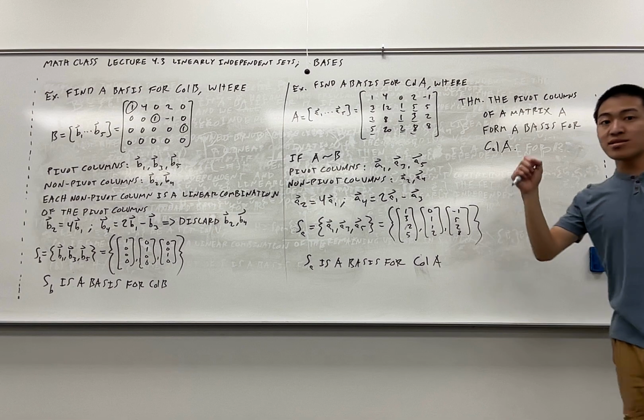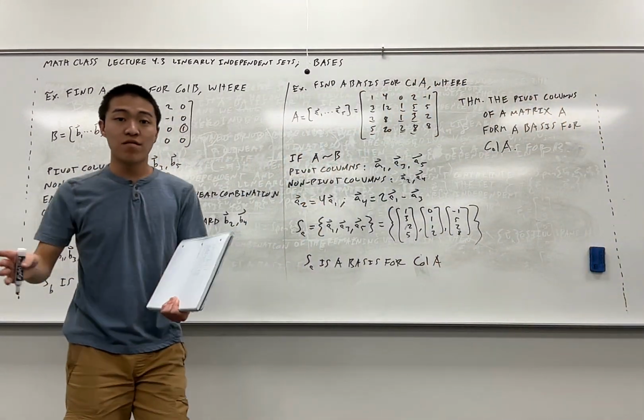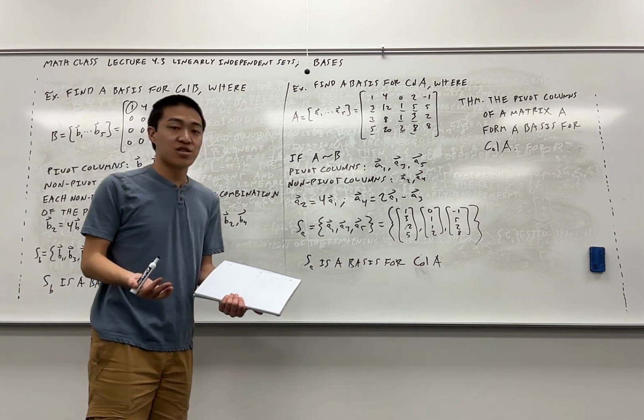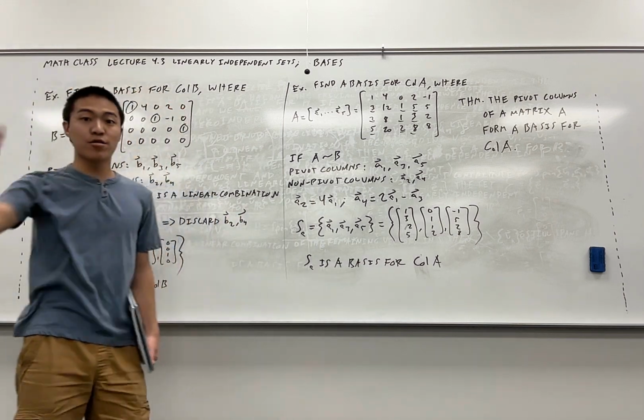The pivot columns of the matrix themselves just automatically give you a basis for your column space for that matrix. So this is kind of the algorithm now, right?